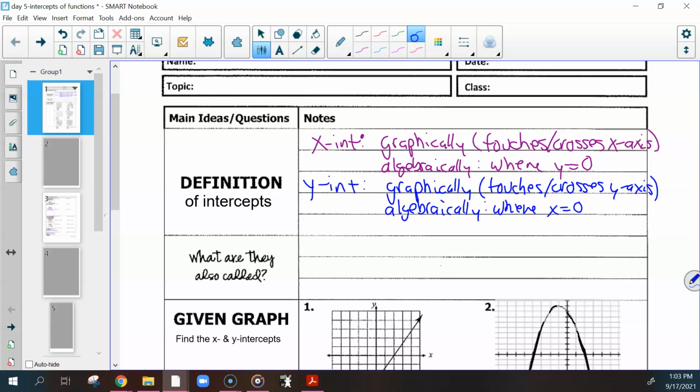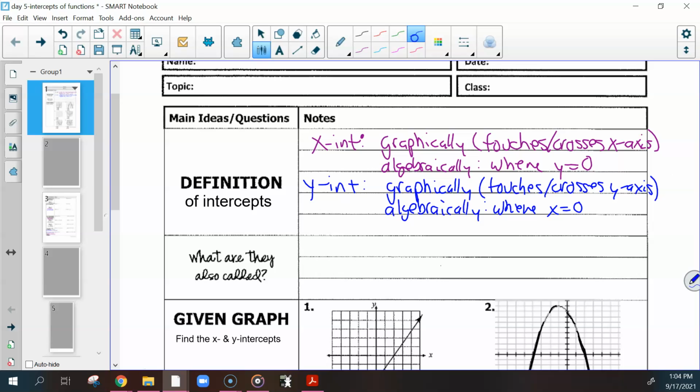So if we're looking for a y-intercept, x is 0. If we're looking for an x-intercept, y is 0. X-intercepts have different names.